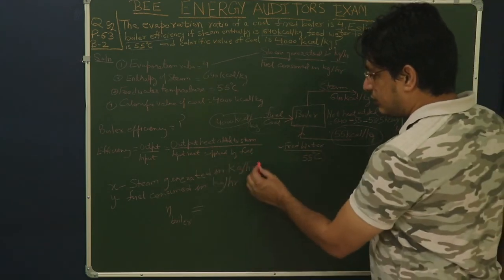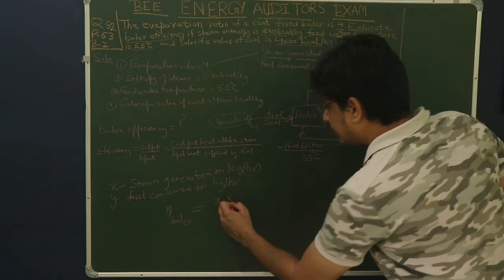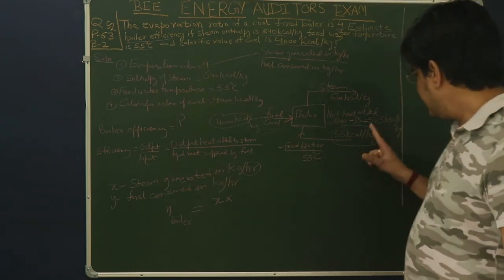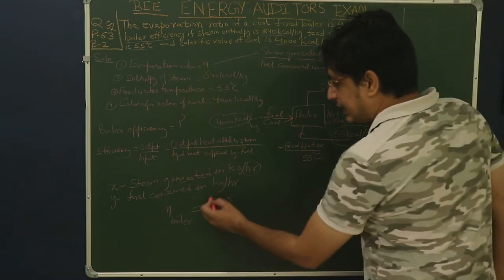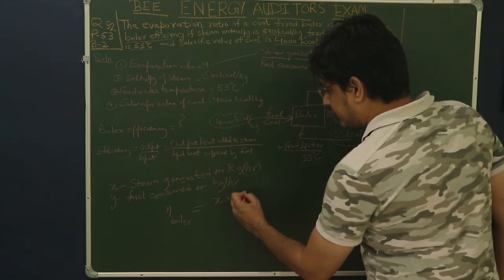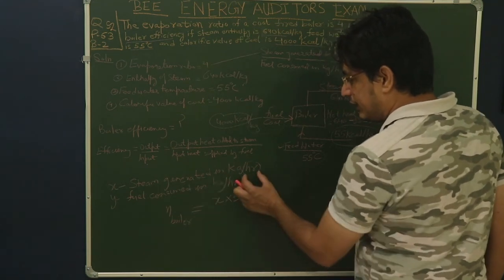So in 1 hour, how much steam is getting produced? X kg. And in 1 kg, how much heat is being added by the boiler? 585 kilocalorie. So in X kg, the heat added by the boiler will be X into 585. So this much heat will be added by the boiler in 1 hour.